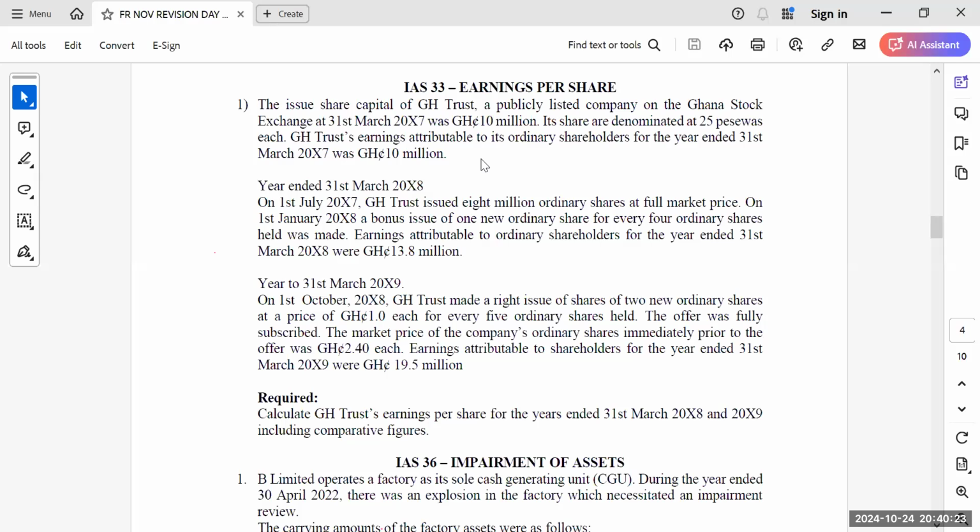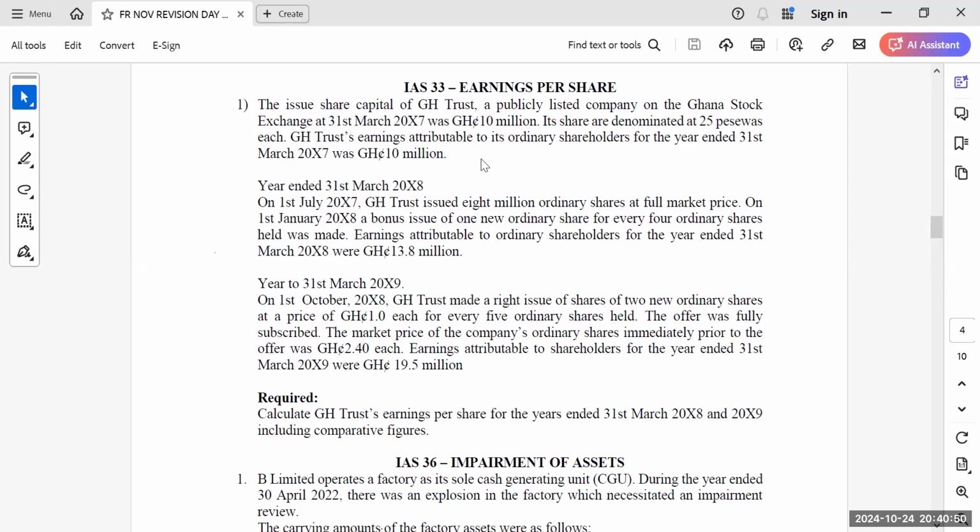Each share is denominated at 25 pesos. GH Trust earnings attributable to ordinary shareholders for the year ended 31st March 2x7 was 10 million. The question is asking you for comparative figures too. So it means that you do it for 2x7, 2x8, and 2x9, and you show the impact of the bonus issue on each of them.